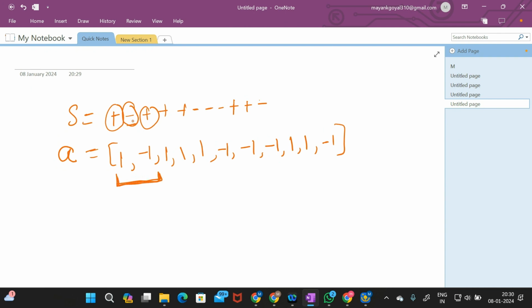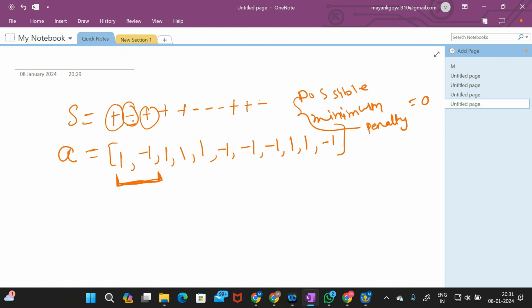So what is the possible minimum penalty? Equal to 0.